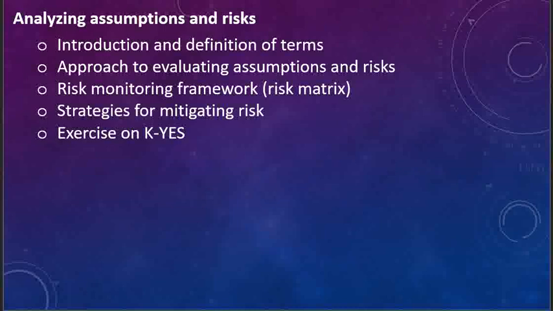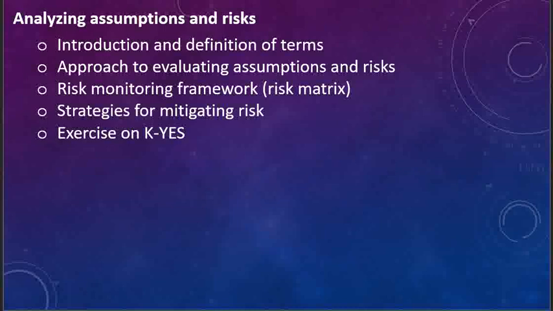We are going to look at the approaches in mitigating these risks, and also we are going to see who will be responsible for each of these risks that we are working on. Strategies for mitigating risks: we are going to look at what strategies to be put in place, and how we develop these strategies in our project design. Then finally, of course, we are going to have a section assessment.